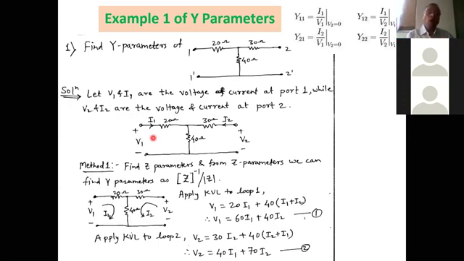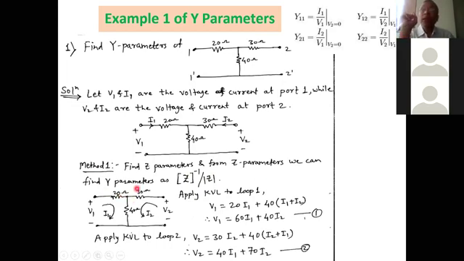By any way, you have to express I1 and I2 in terms of V1 and V2. So for the first method, I have solved all the methods for the first numerical, and from the second onwards, you can implement any method out of that. Okay, so method 1: find Z parameters, and from Z parameters we'll find the Y parameters.